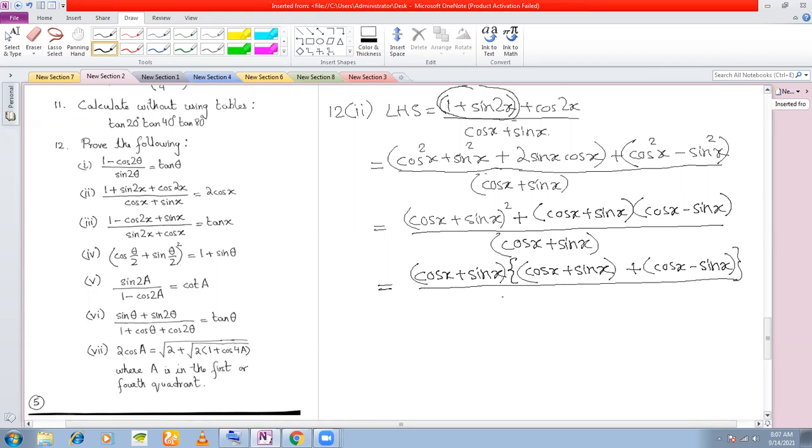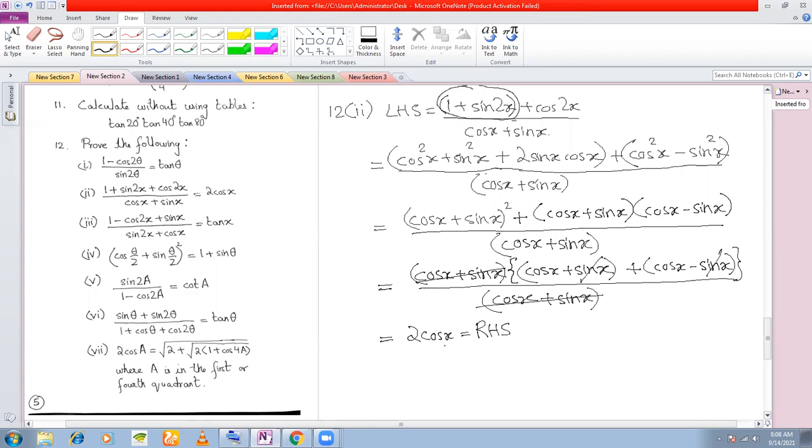And in the denominator, you have cos x plus sin x. That means this and this now will cancel. Once they cancel, the remaining part, what you see is that here plus sin x and minus sin x are going to cancel. So you are only left with cos x plus cos x, which is equal to 2 cos x, which is equal to RHS.